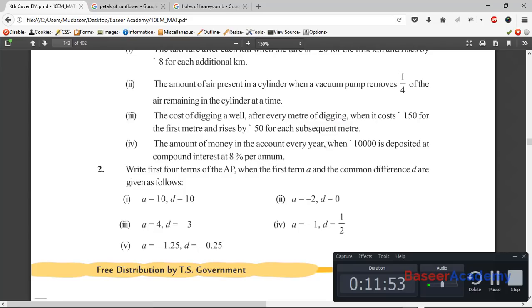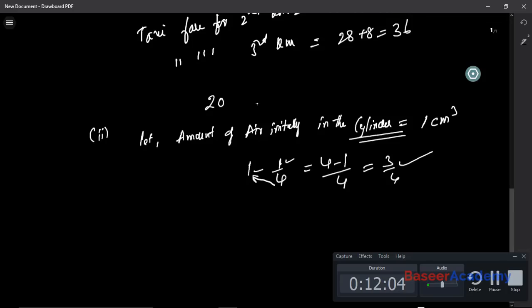Now it is saying that every time 1/4 of the air is being removed from the available air, right? So 1/4 of 3/4 will get removed. We'll find out what is 1/4 of 3/4. 1/4 into 3/4 is 3/16.